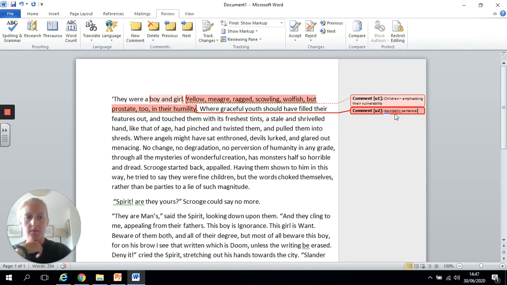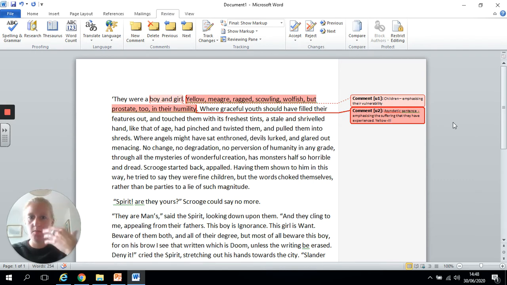So, that they've experienced. The fact that they're yellow suggests maybe they're ill, so they're physically sick.